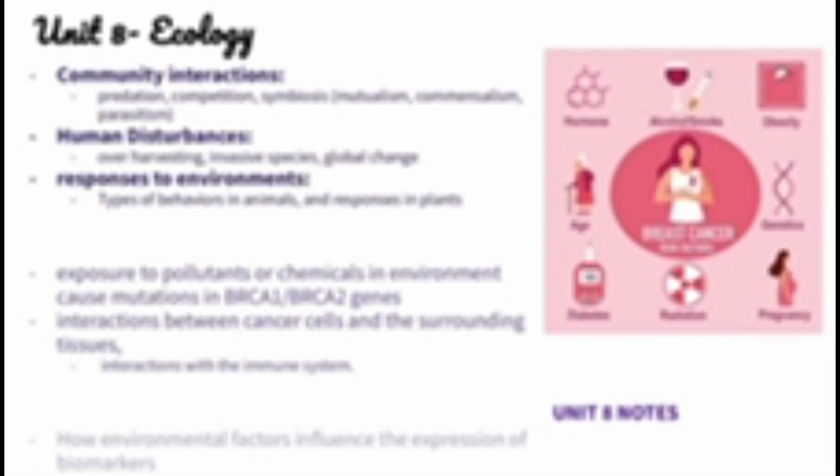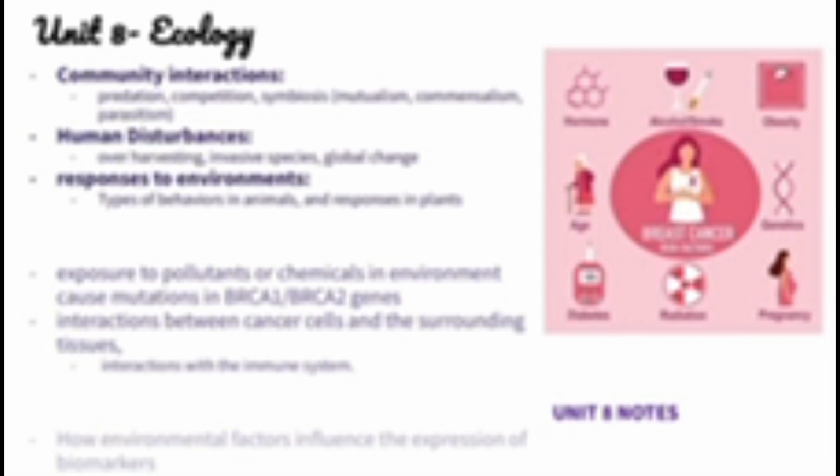So we're focusing on how exposure to pollutants, which is a human disturbance, or chemicals in the environment cause mutations in the BRCA1 and BRCA2 genes. Exposure to pollution or chemicals can lead to mutations in the BRCA1 and BRCA2 genes, which then cause them to be repressed and a tumor to spread uncontrollably.